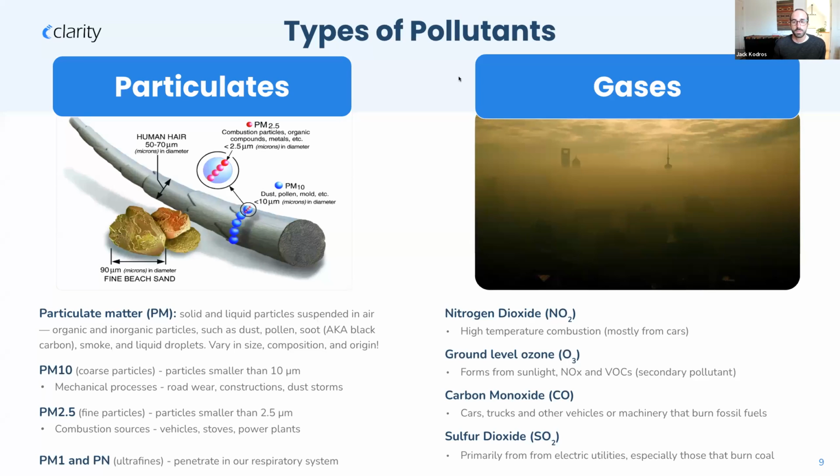So air pollution is commonly subdivided into particles and gases. And again, this is important because it changes how we regulate the pollutants and it changes the technology we use to measure them. So air pollution that is in the form of particles is commonly called particulate matter. Sometimes you'll see aerosols. That's become more of a technical scientific definition in the climate science field.